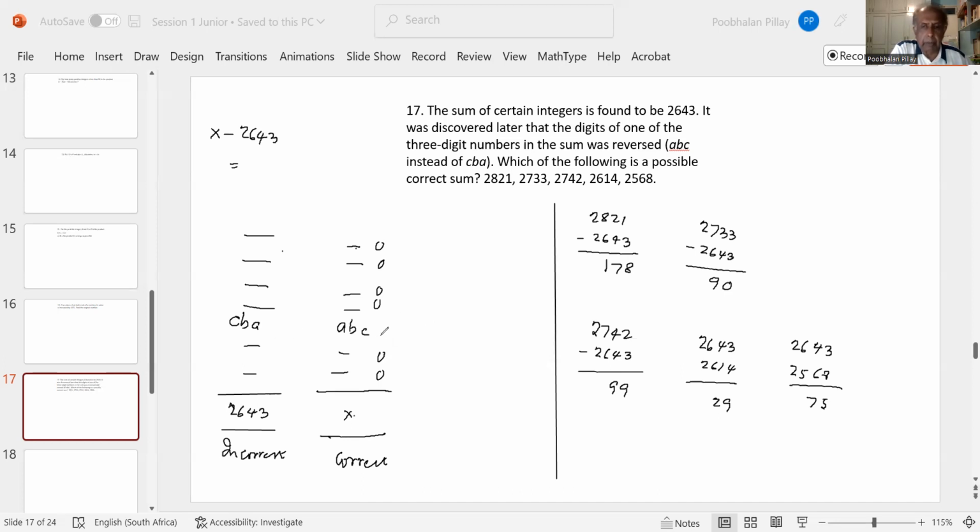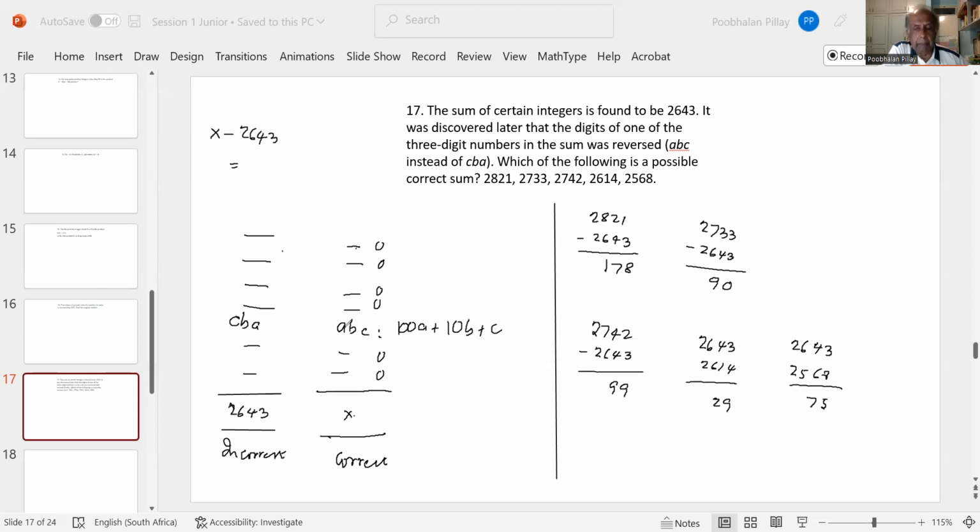But here now, when you subtract, you get 100A plus 10B plus C. So this is a 3-digit number. The A is in the hundreds column, so there are A hundreds and B tens and C ones.